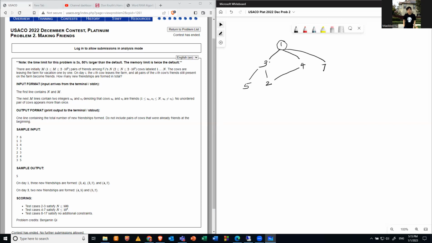Then if I remove this node again, for example, then 5 and 4 are connected, they become friends. 5 and 7 become friends. So then we have 5 new friendships going on here.